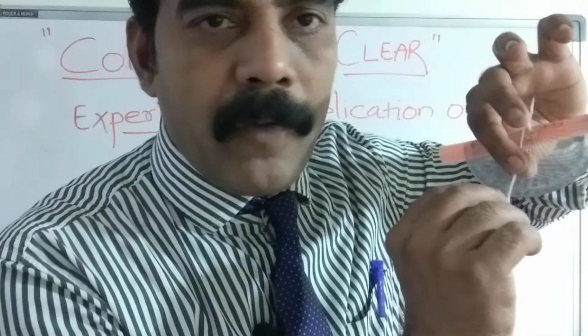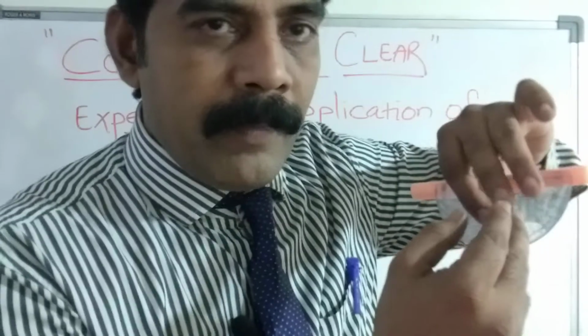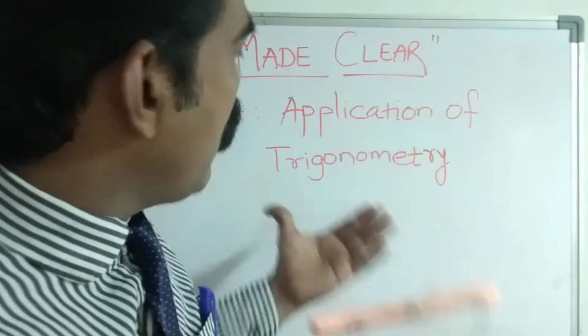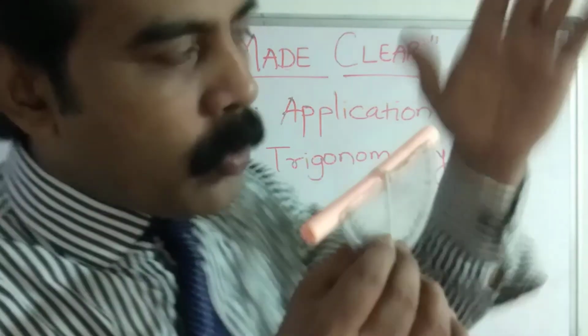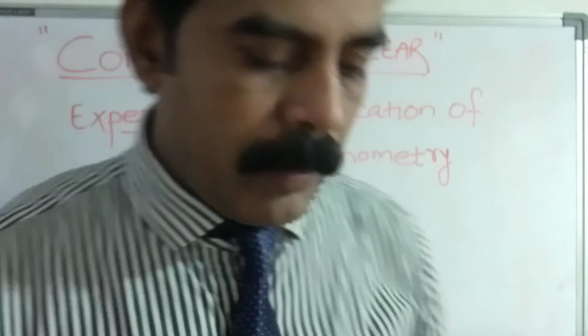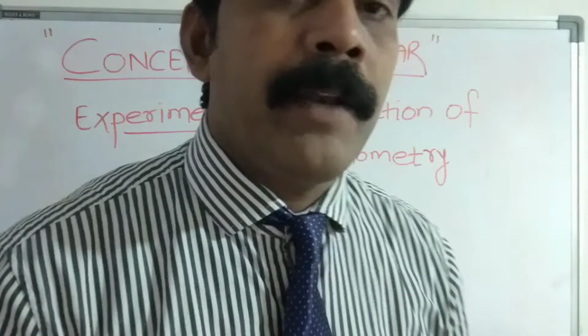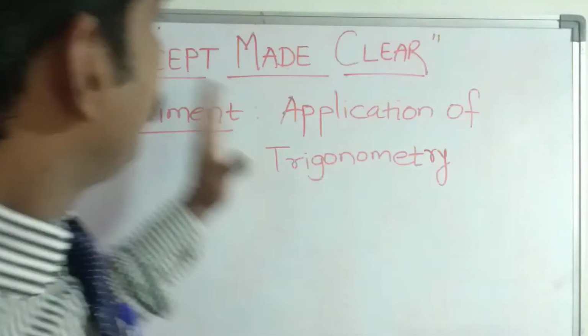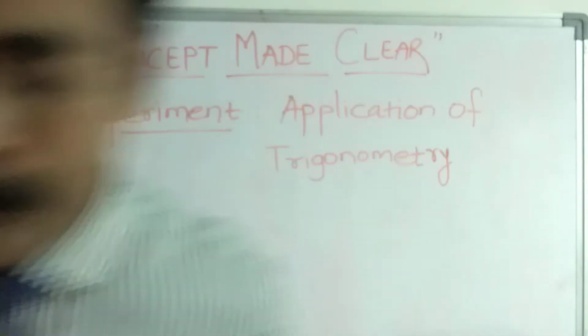We note down that value. How to use trigonometry to find the height of the wall or building, I will explain very soon. Keep watching. Concept made clear. Stay tuned.